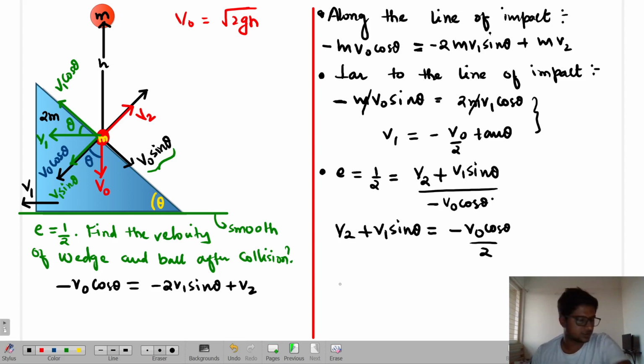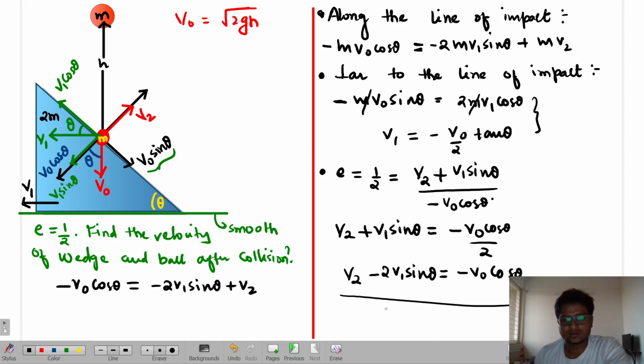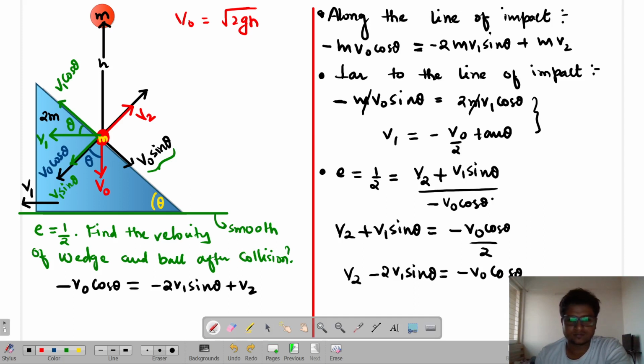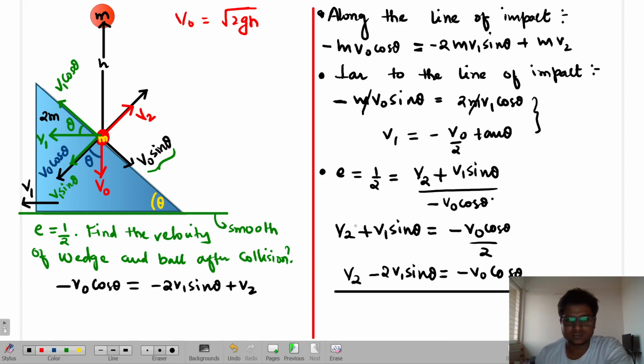This equation, I think we can write it as v2 minus 2 v1 sin theta is equal to minus v0 cos theta. Are you able to get me or not? So if you just solve it, usually people do not use sign convention to solve it. So if I just subtract it, this will be plus. So 3 v1 sin theta is equal to, this will be plus.